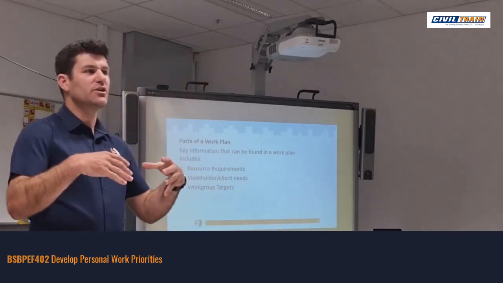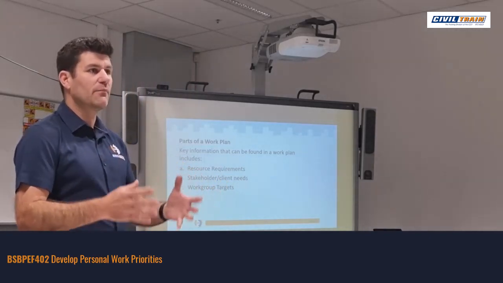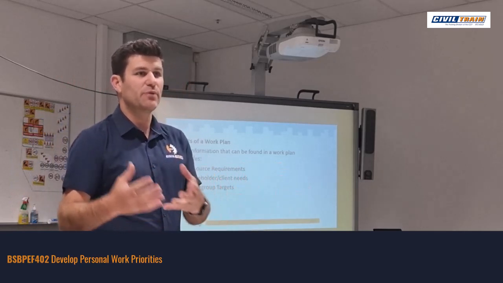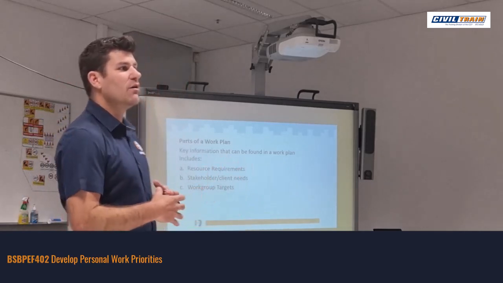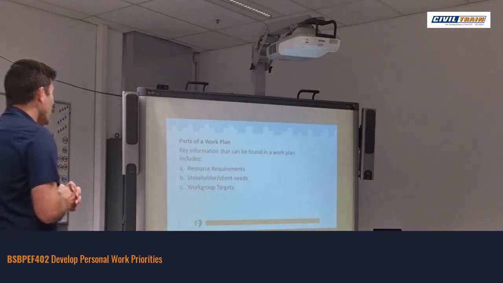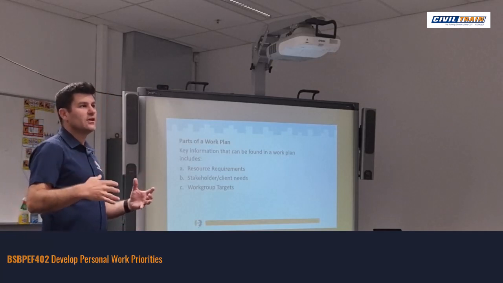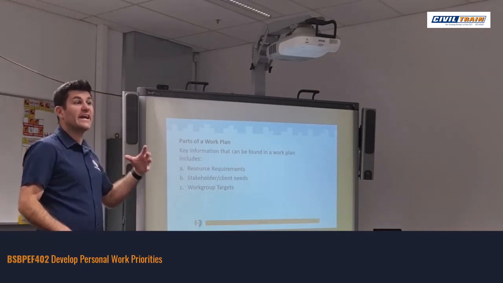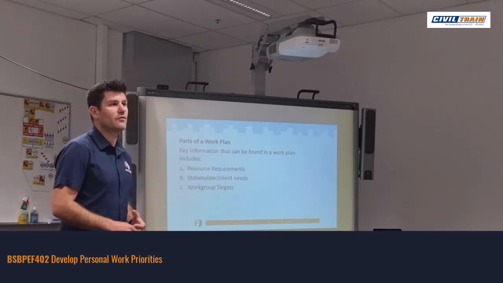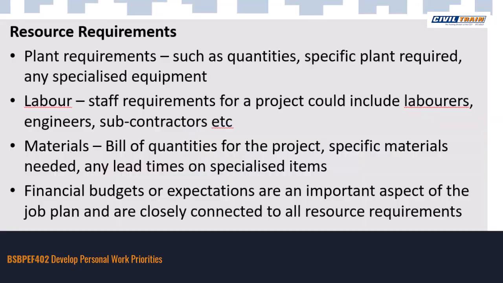And that way you can obviously measure that and say, if we're doing pipe laying, it might be X amount of pipes, so that we can actually get something that's tangible. We can measure that and say that we've actually achieved what we've set out to achieve for that work group target. So obviously by having that information, it just helps you guys as a supervisor not only plan for that and look for any barriers or issues, but you can also make sure that you're managing and overseeing those works.